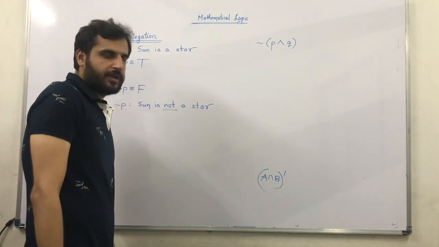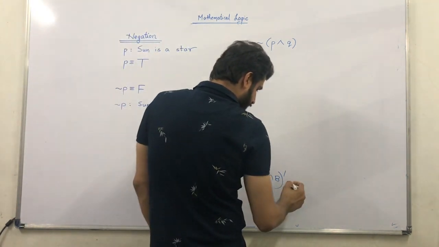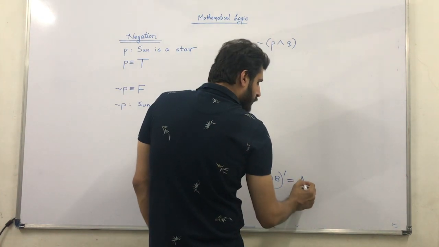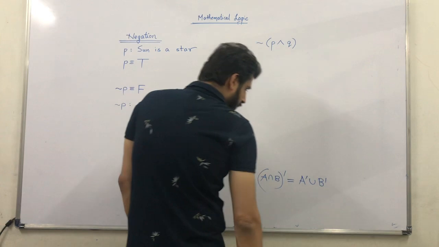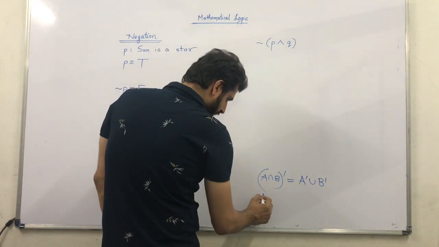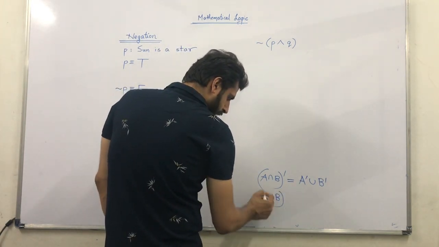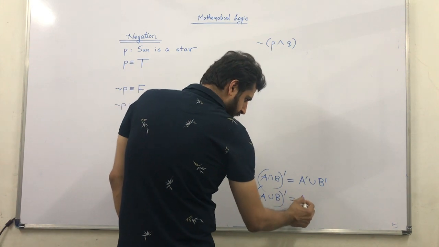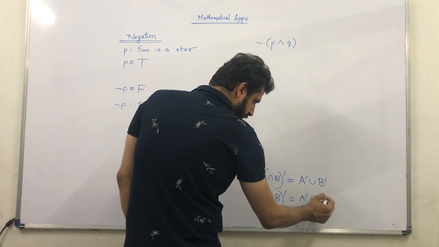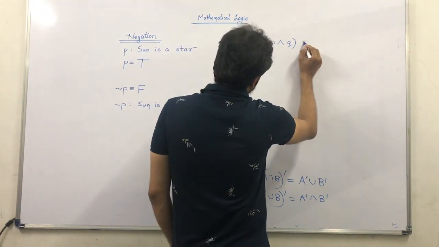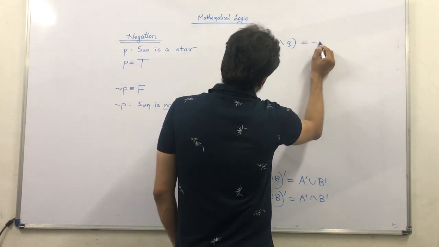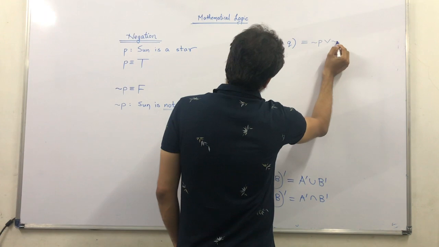So it is (A intersection B) dash from set theory, which will be equal to A dash union B dash, De Morgan's law. So if you have (A union B) the whole dash, it will be taken as A dash intersection B dash, right? Same. If you want negation of conjunction, it is logically equivalent to negation P or negation Q.